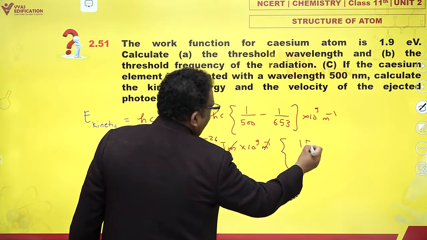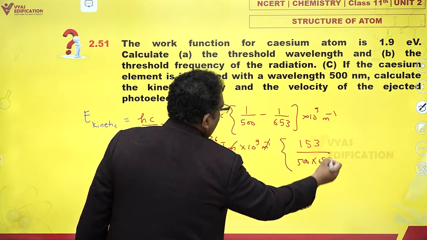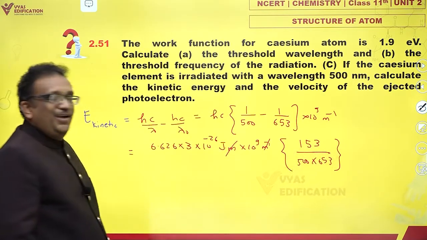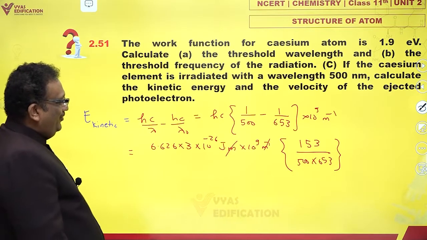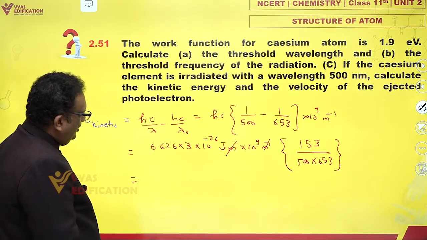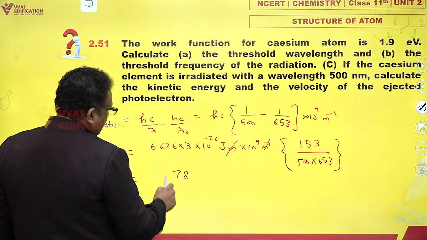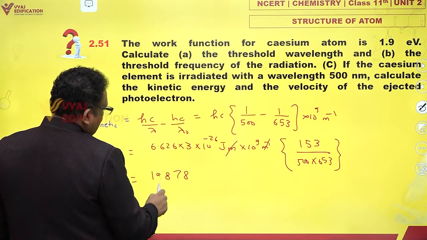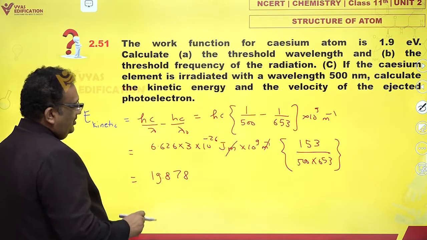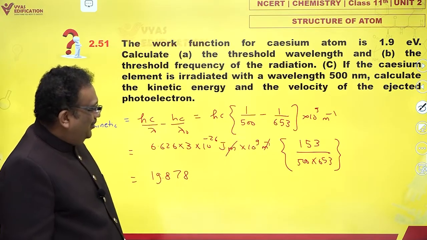This is 153 by 500 into 653. Loving calculation, I must say. How very emotional. This makes it, well, 6 3s are 18, 19.88 into this ugly number.